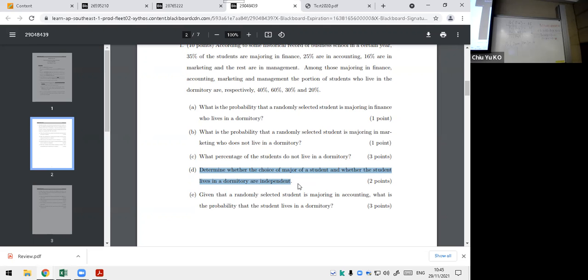This one is, oh no. Major in accounting, probably live in dorm.